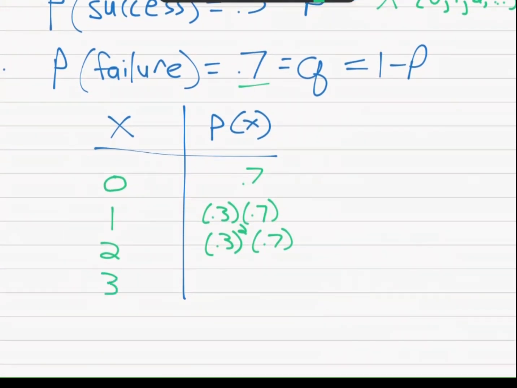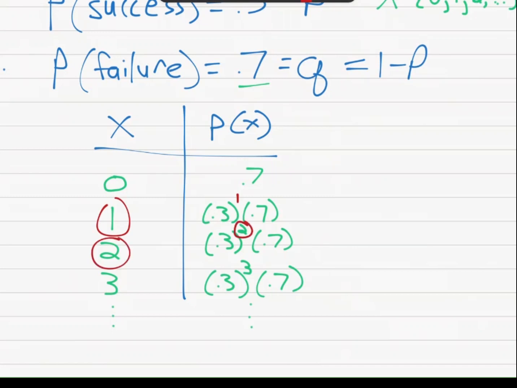So what's the probability that there are 3 straight successes? Well, those successes are 0.3 and we need 3 of them, so we raise them to the power of 3 and then multiply by the failure. The failure always has to happen in that 4th slot or we're in a different place. And just notice that this chart can continue going, and hopefully you've seen the pattern because there's a relationship between these numbers and these coefficients, right?